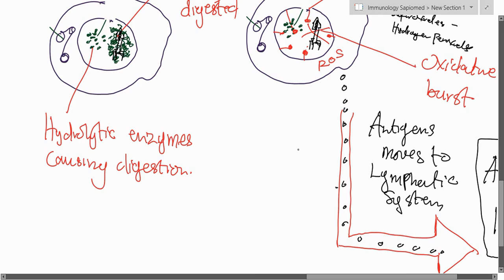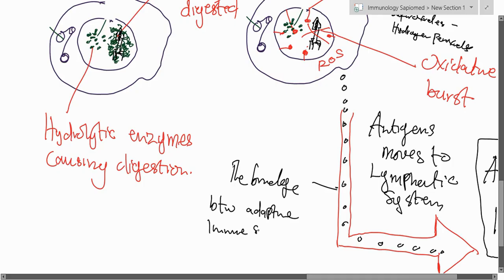So we can say that this stage becomes the bridge between the adaptive immune system and the innate immune system. Alright, so this is what phagocytosis is all about.